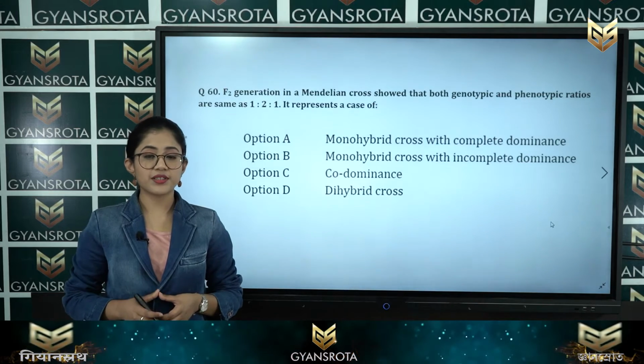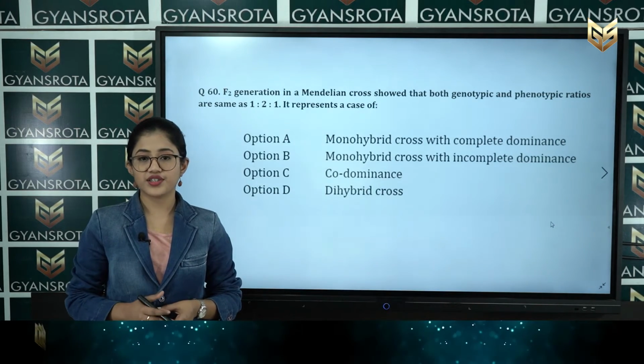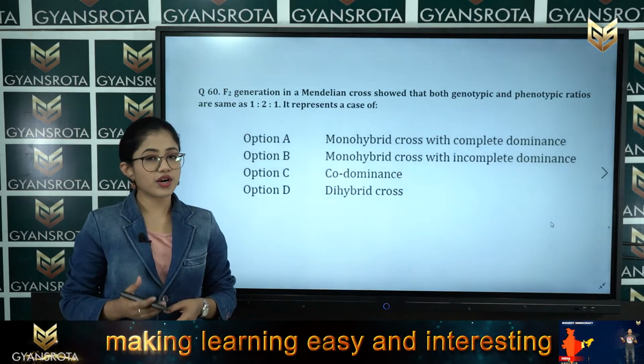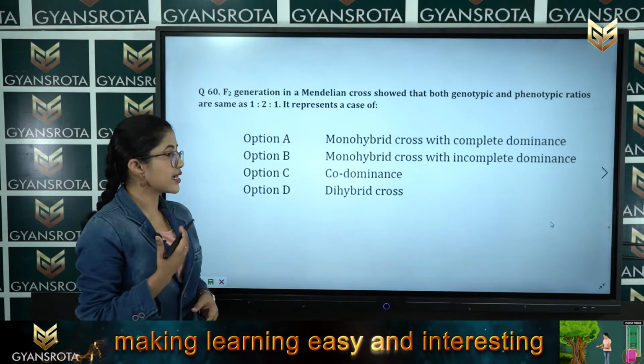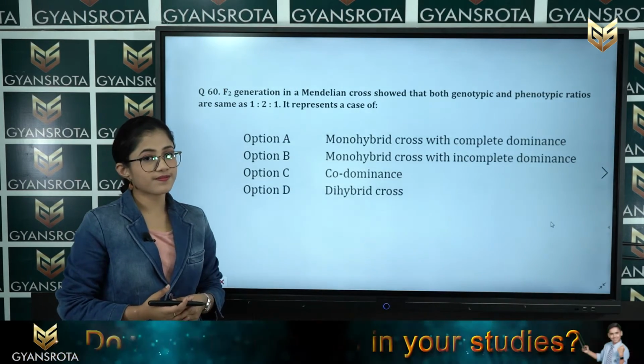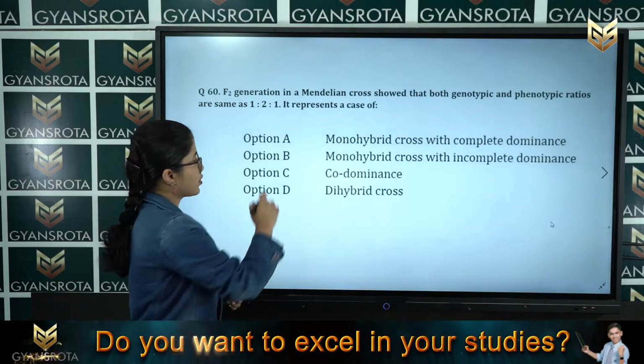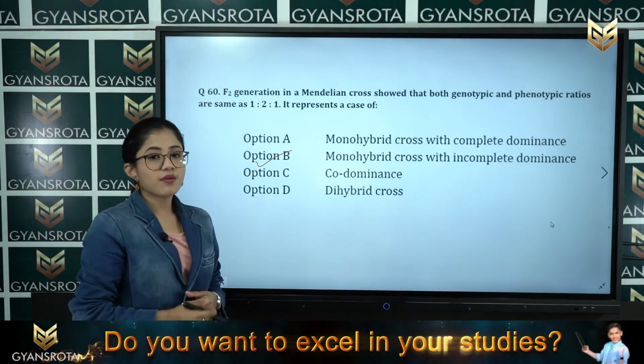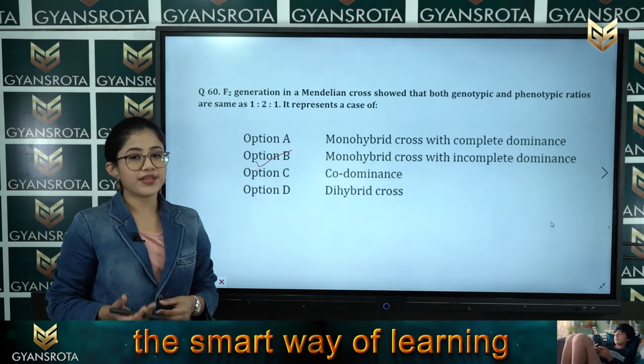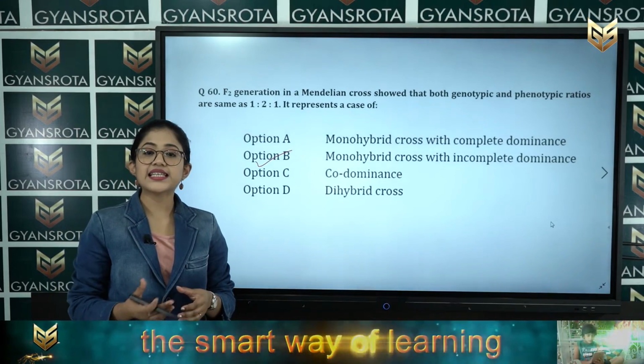Student, in the chapter Principles of Inheritance and Variation, we have discussed about monohybrid cross. So what is the correct answer among these four options? The correct answer is option number B, that is monohybrid cross with incomplete dominance. This is the correct answer.